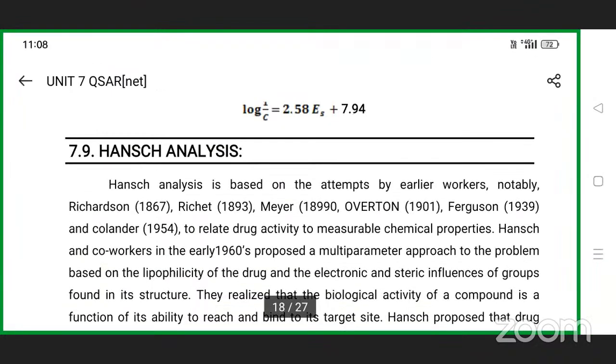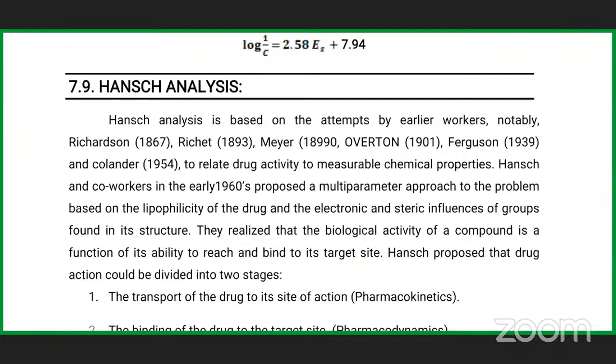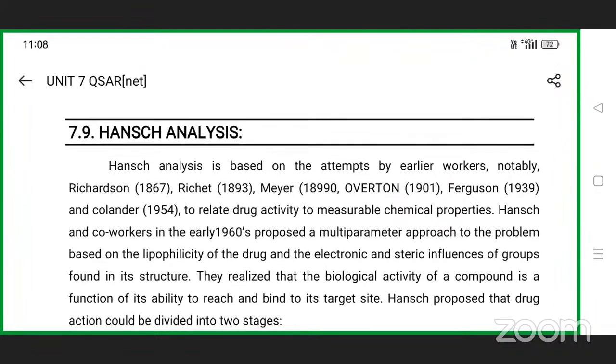Next, Hansch analysis. So Hansch analysis is also one of the methods to calculate the biological activity by considering the various physicochemical parameters here. In the previous cases we took only one physicochemical parameter here, but in the Hansch analysis we are considering all the physicochemical parameters.